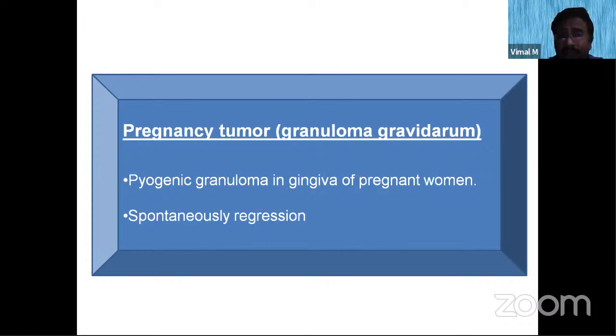Nothing to worry about; it regresses spontaneously after the pregnancy. So pregnancy tumor, granuloma gravidarum. Actually it is not a granuloma, it is a misnomer. Gravidarum because it is seen in pregnancy. Pyogenic granuloma is also a misnomer. It is a granuloma, but it is not pyogenic, not pus forming, and there are no neutrophils.